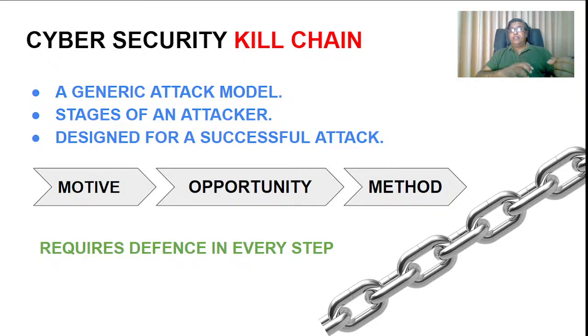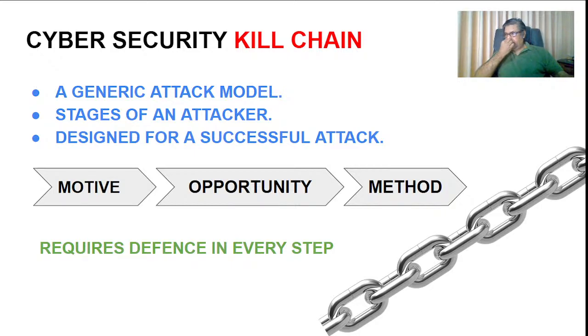It is designed for a successful attack, and we have seen many attacks, especially advanced persistent threats, attacks against government, attacks against CIA, attacks against big corporations, that follow this cybersecurity kill chain. To do this attack, they have to have a strong motive like terrorism or political or financial motive. Without a motive, no attack will come.